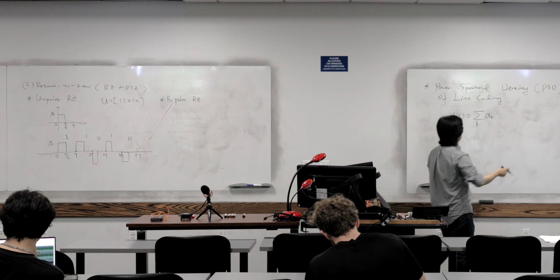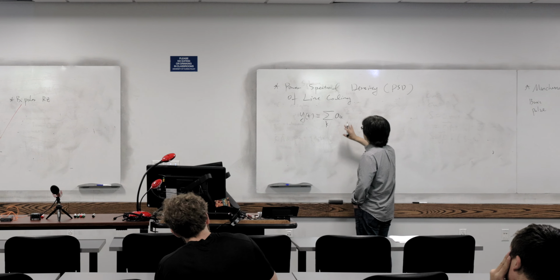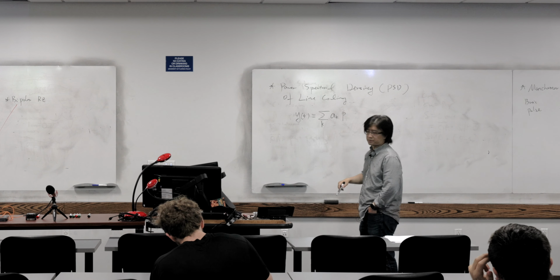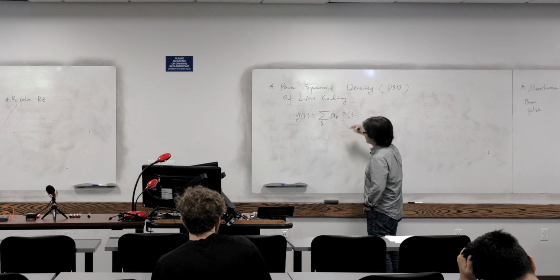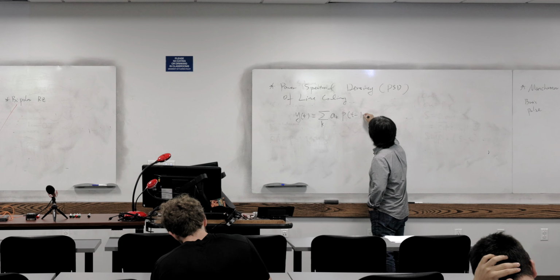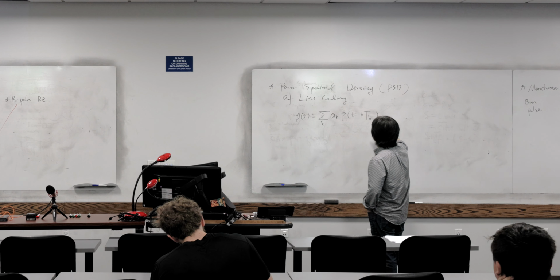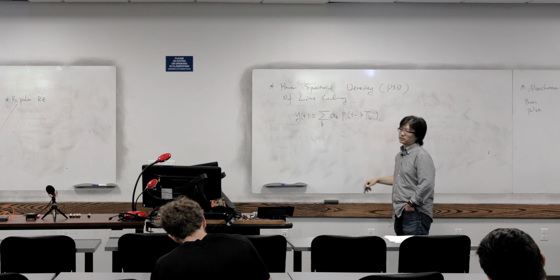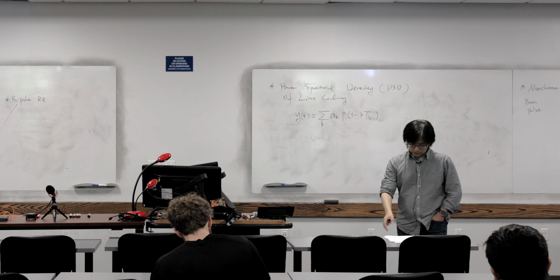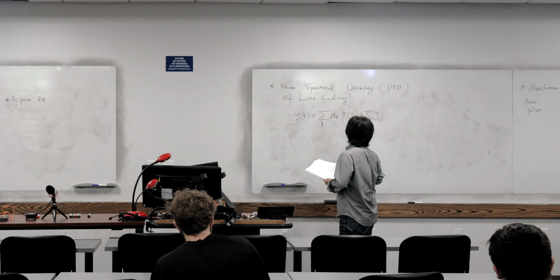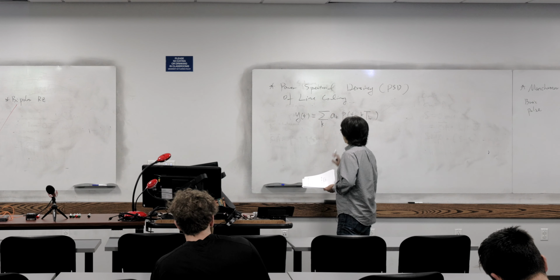But in our case, let's assume that we use AK, multiply the pulse shape, and we denote the pulse shape as P of t minus kTB. I use TB to denote the duration of each bit, because now we focus on the binary case. So this is our transmitted signal.